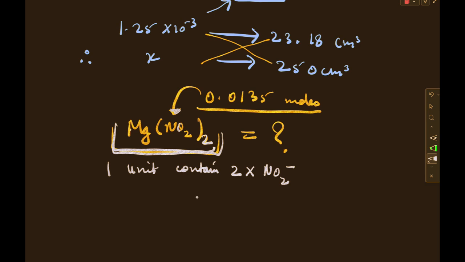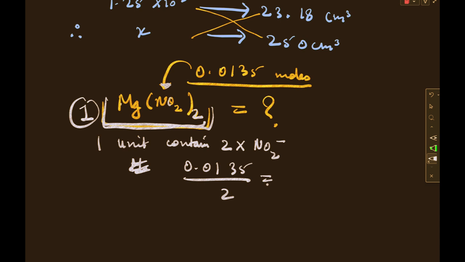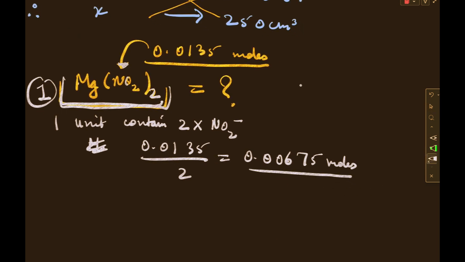That would definitely be half the number. So what I will do simply is 0.0135 divided by 2, which will give me the number of moles of one whole unit in the solution. So that gives me the answer as 0.00675 moles.